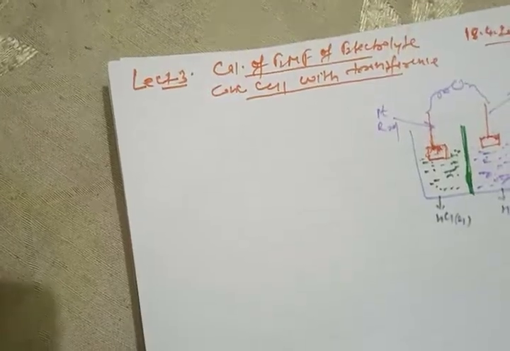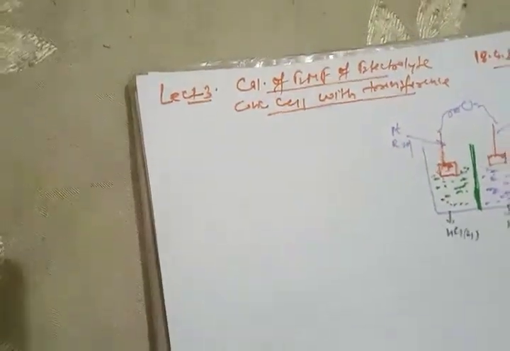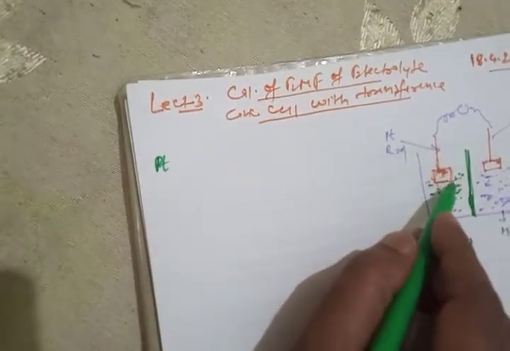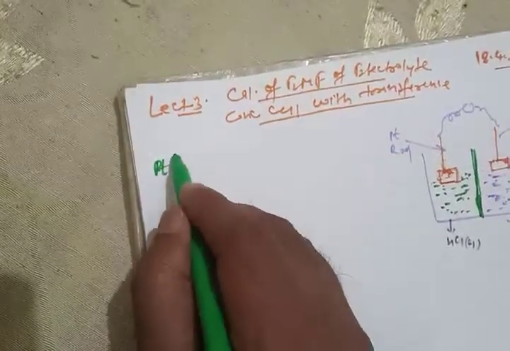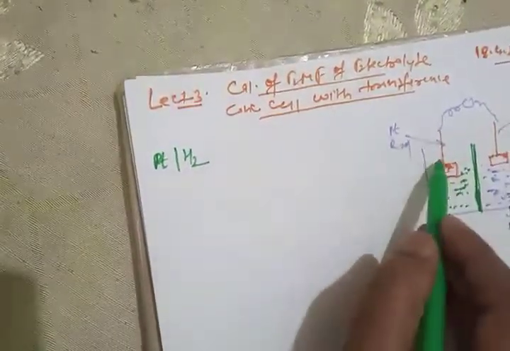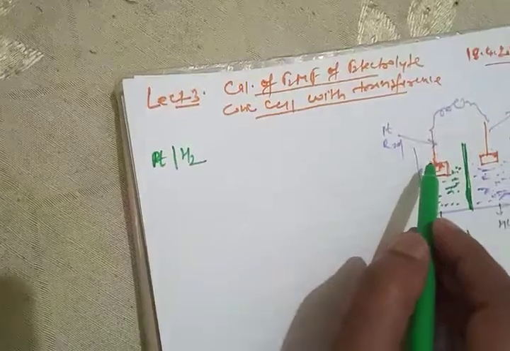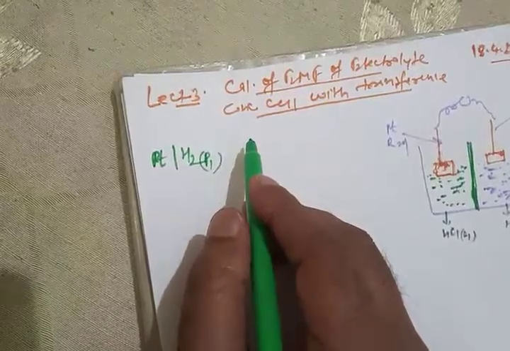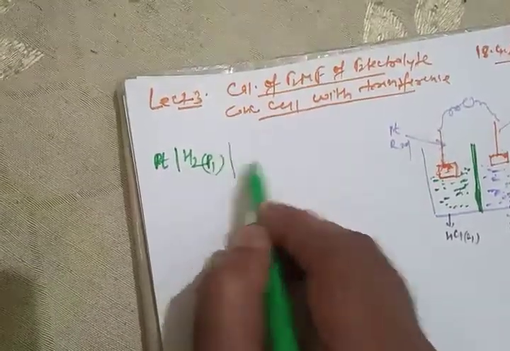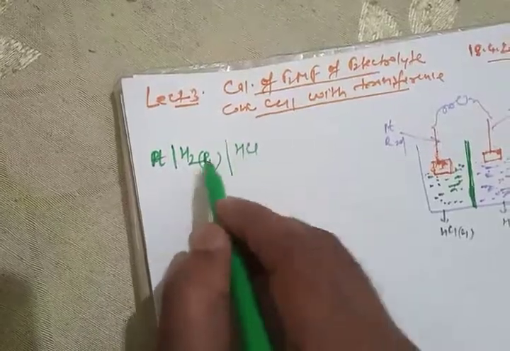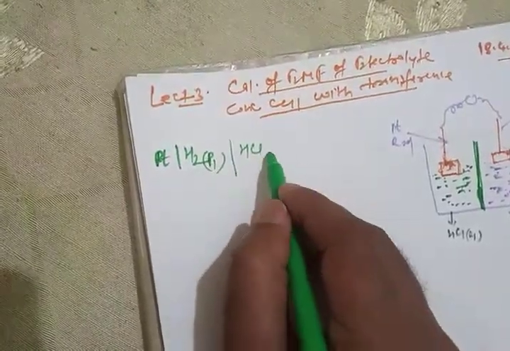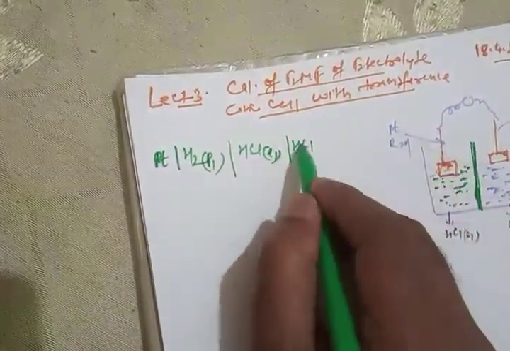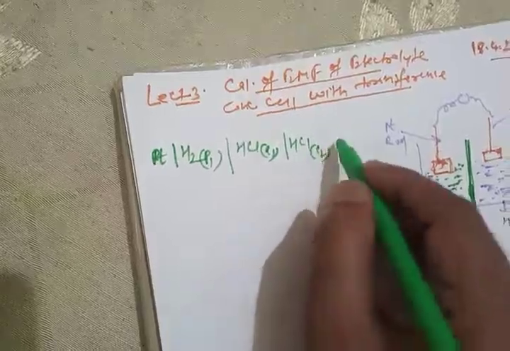So let's draw the schematic representation of the cell first. The platinum rod is in contact with the hydrogen, and of course it is a hydrogen electrode, so we require a pressure. The pressure is P1 here, then it is connected with the HCl, the concentration is A1, and this HCl is again connected with the other, the concentration is A2.